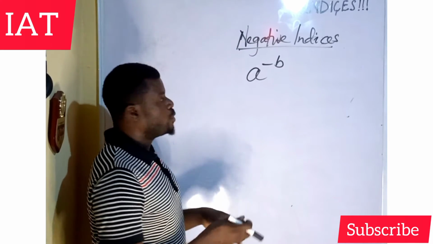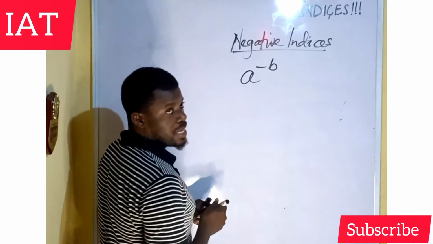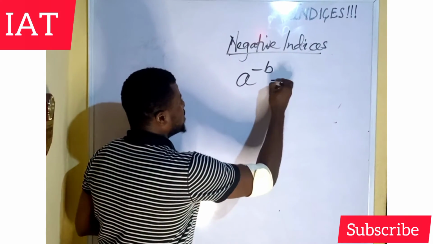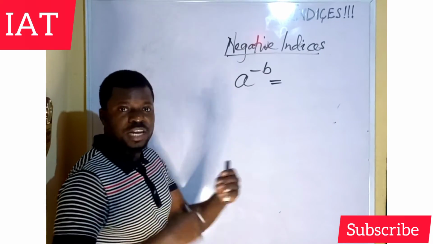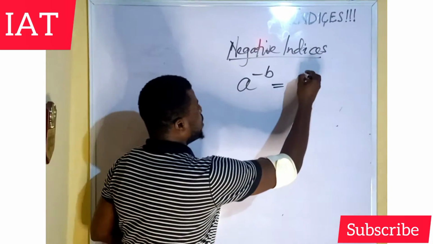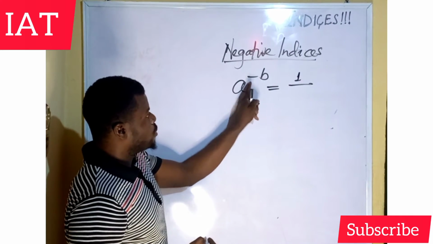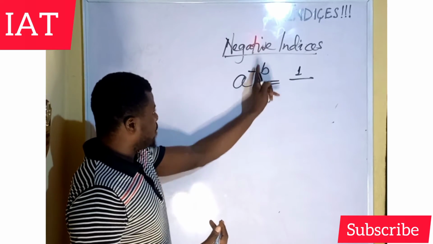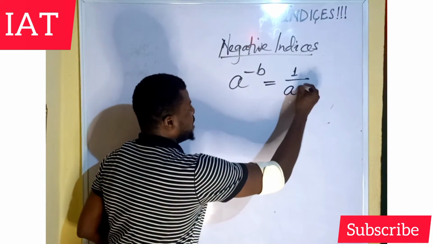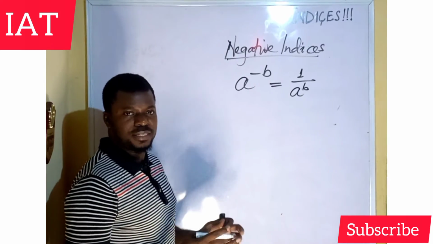So if I have a to the power of minus b, the negative sign will transform to 1 over. So if this transforms to 1 over, what will remain? It is a to the power of b. So we just write it here, a to the power of b. That is the law. It's as simple as that.